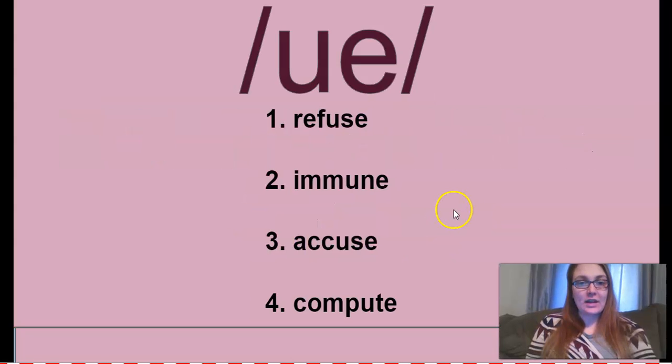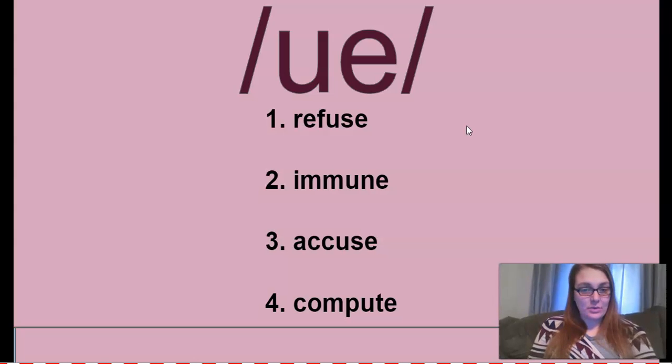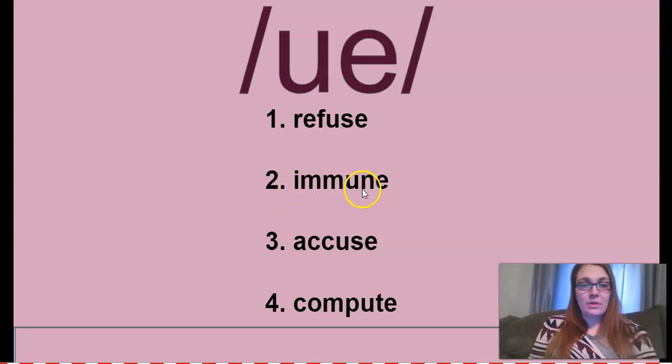Let's get started. So, we talked about the U sound, like in the word refuse. All of these words are U space E words. Okay, so let's read 2 through 4 together. Immune. Good. Remember the U and the E?